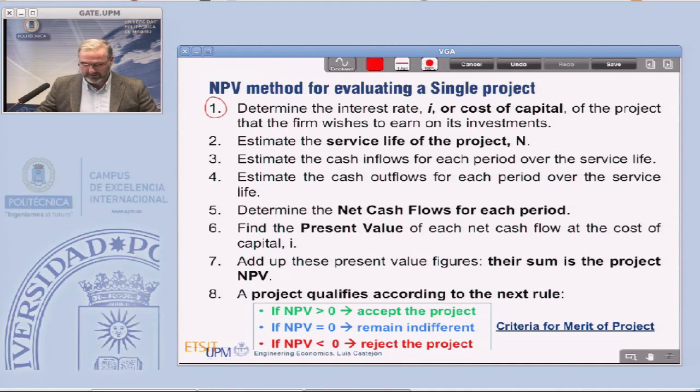So this is the cost of capital of the company. As is explained here, it is the return that the firm wishes to earn on its investment. The other parameter we have to determine is the service life of the project, the number of years of the life of the project, and the third step is to determine the cash inflows for each period over the service life of the project. So we are talking about the positive cash flows, the receipts.